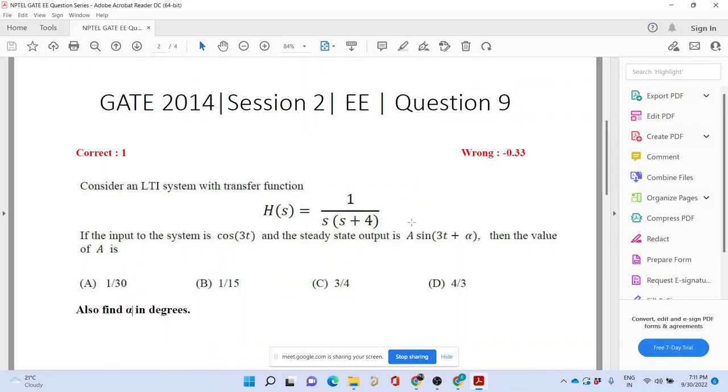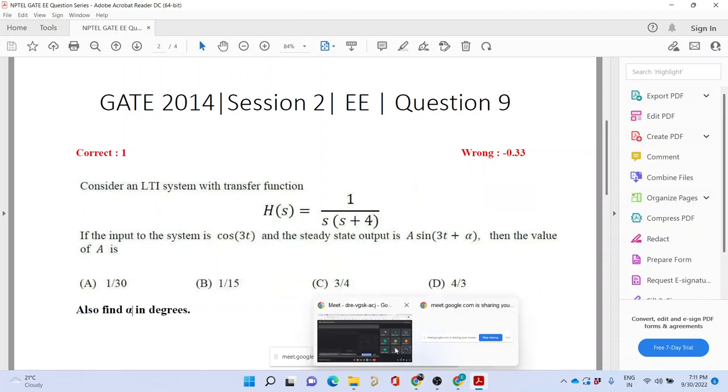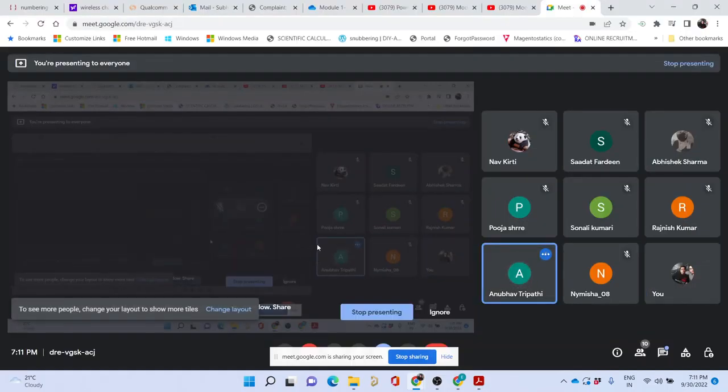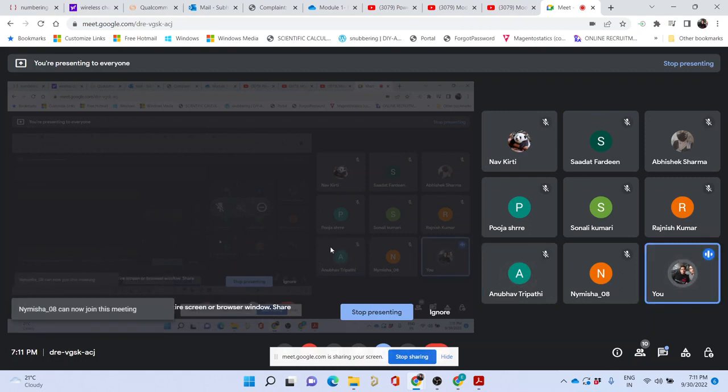Angle is 143. Okay. So 143 you got. What did Anubhav get? Minus 126.86. Anybody else? Navkirti, what is the answer that you are getting?